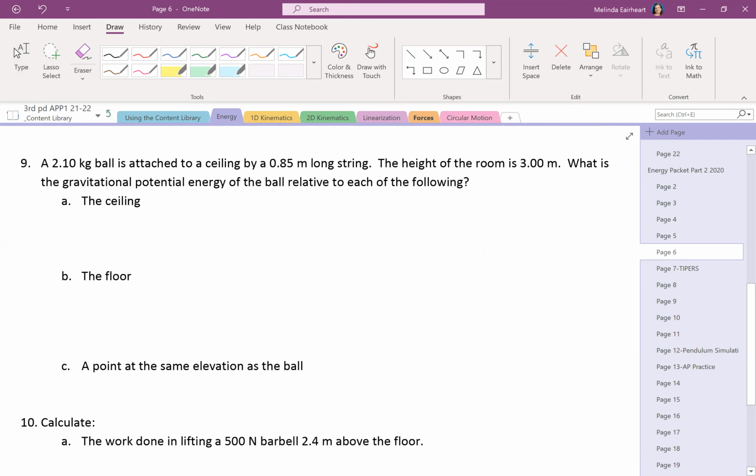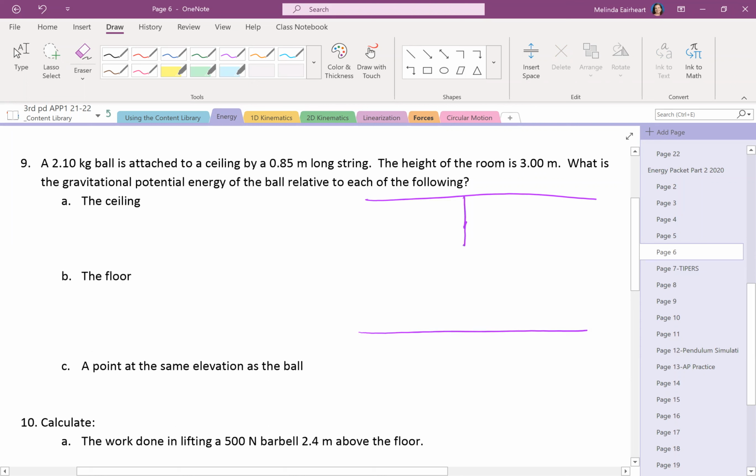So top of page 6, it says a 2.1 kilogram ball is attached to a ceiling by a 0.85 meter long string. So we're putting the string on the ceiling and we're hanging the ball down. And so if we start that picture, there's our ball.